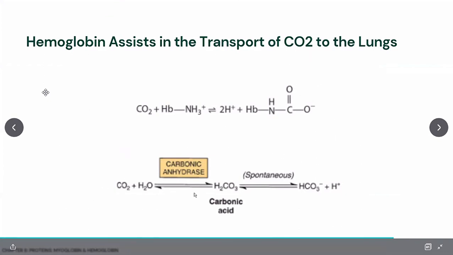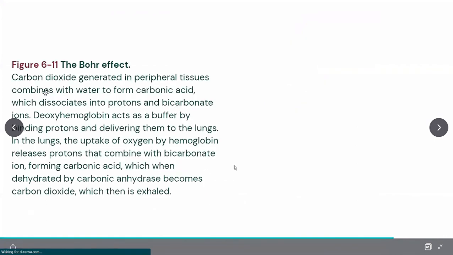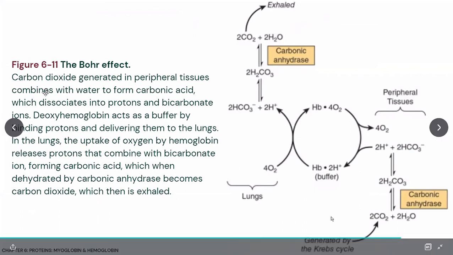So this is in the tissue. This is where it is now. From the tissue, you have carbon dioxide and water, then you have carbonic acid.